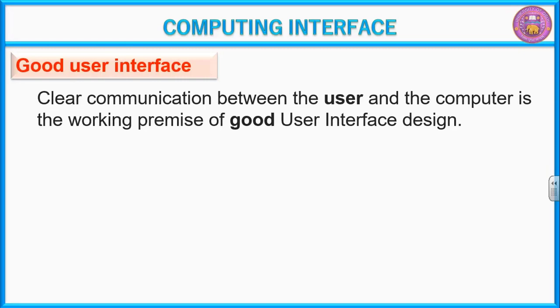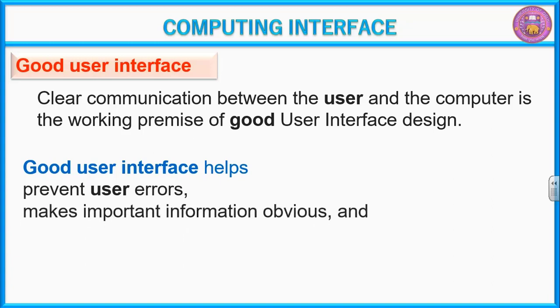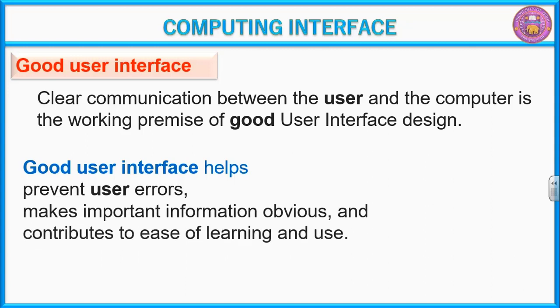Clear communication between the user and the computer is the working premise of good user interface design. A good user interface helps in preventing user errors. It makes important information obvious and it contributes to ease of learning and use.